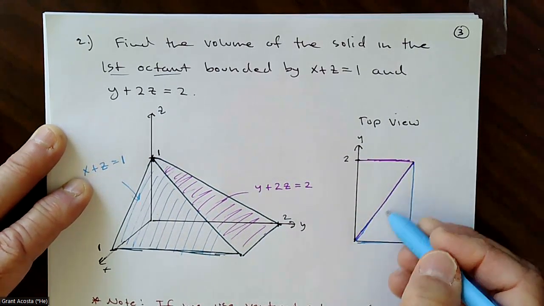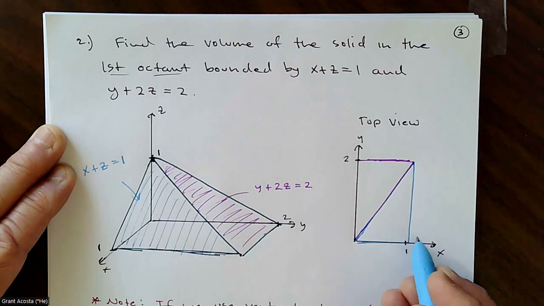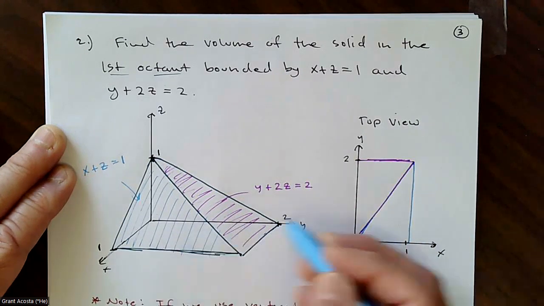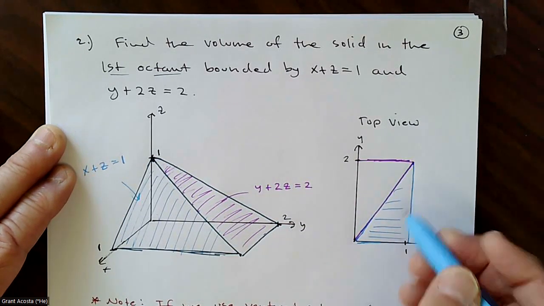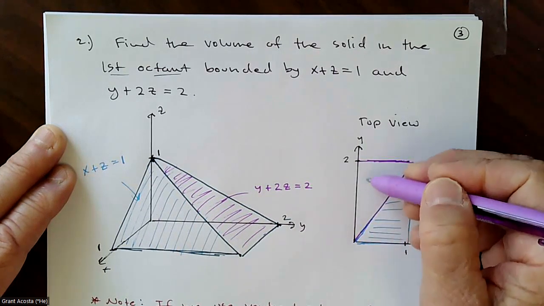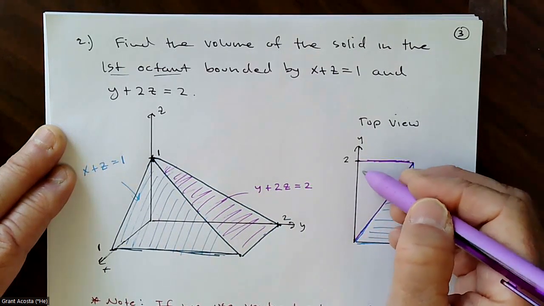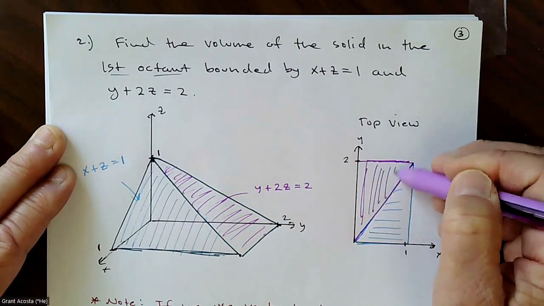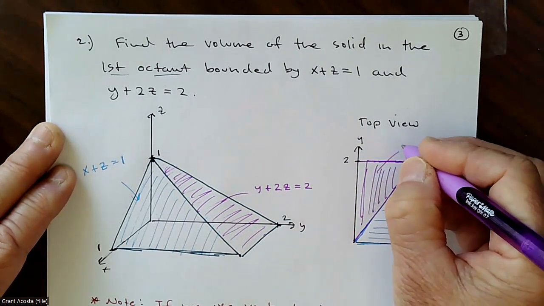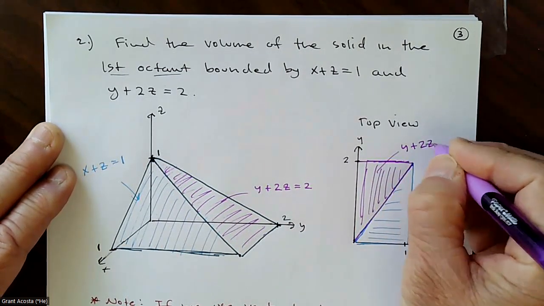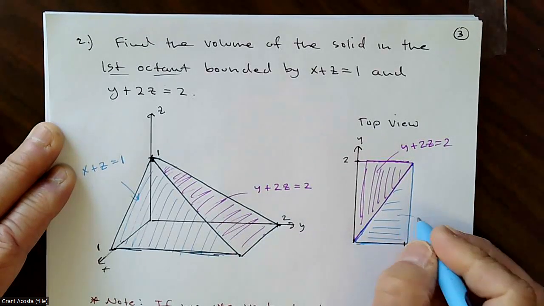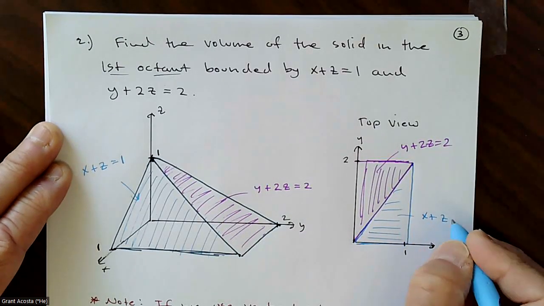So this is y plus 2z equals 2. And this is x plus z equals 1. I'm just shading it differently, but that's okay.